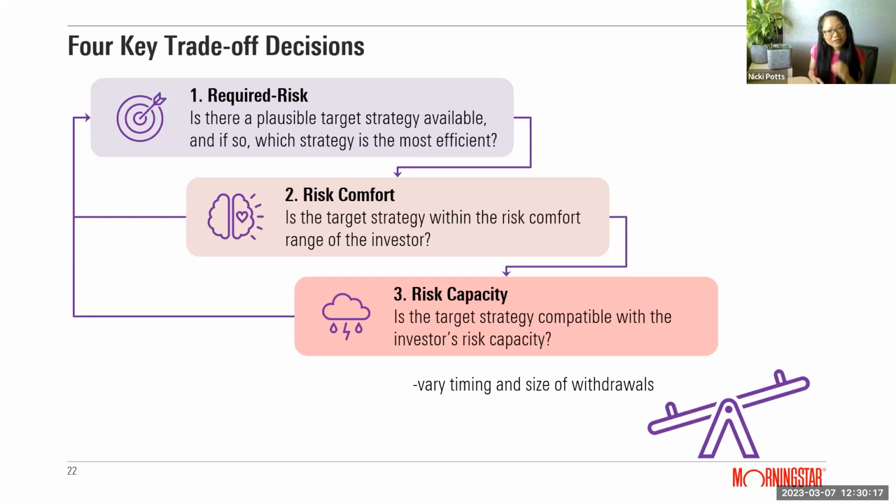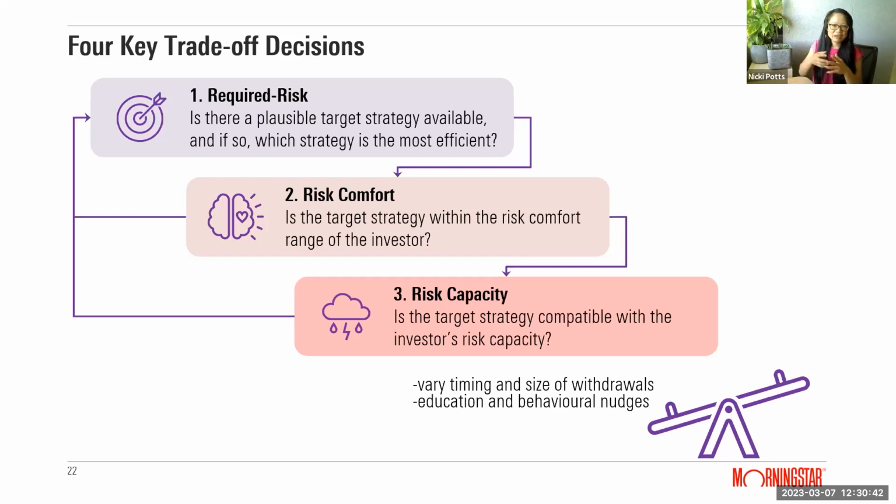Then the second prong of risk capacity is composure, which is essentially the investor's emotional state when markets go up and down, and looks at whether the investor can essentially stay the course. Now, this can be partly mitigated through education and behavioral nudges.